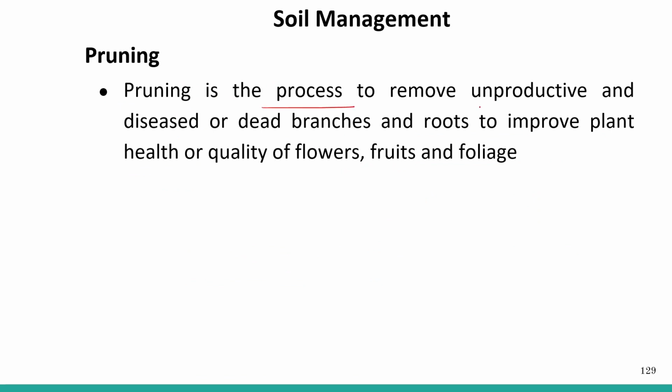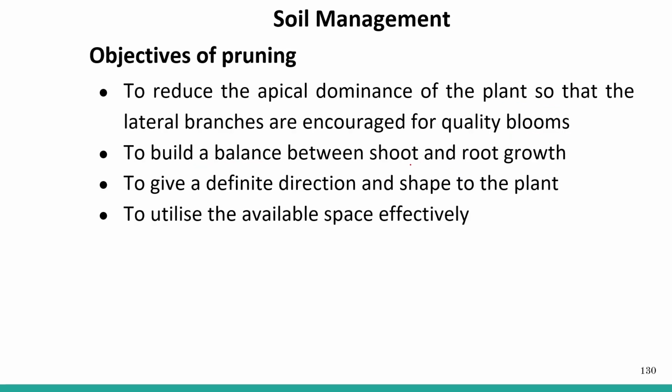Pruning is the process of removing unproductive, unwanted, or dead branches and roots to improve plant health and the condition of flower, fruit, and foliage. So this we have already covered. Now the objectives of pruning: to reduce the apical dominance of the plant so that the lateral branches are encouraged for quality blooms. Okay, so from the sideways lots of lateral branches emerge, and this is also done to reduce the apical dominance.